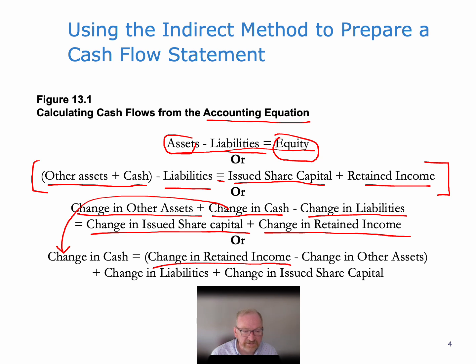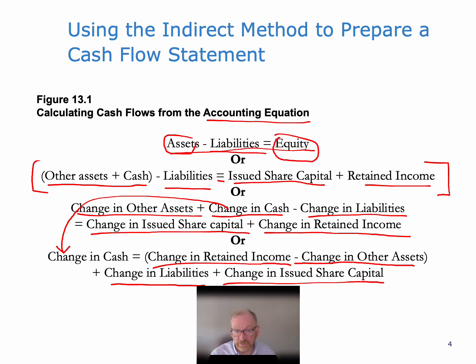The change in other assets does change signs. That becomes a minus because it's moved over. The change in liabilities changes sign because it's moved over. And then the change in issued share capital stays the same because it was already on the right hand side of the equation. So we can explain the change in cash with all these other things.